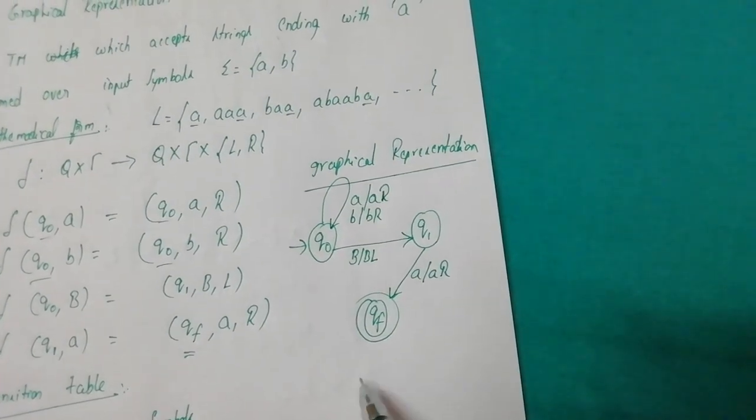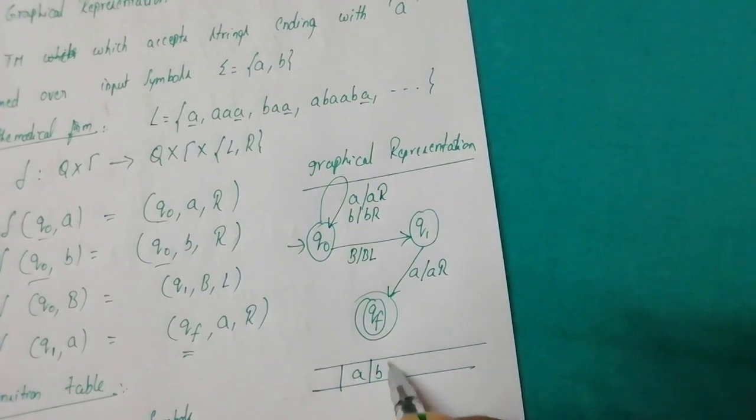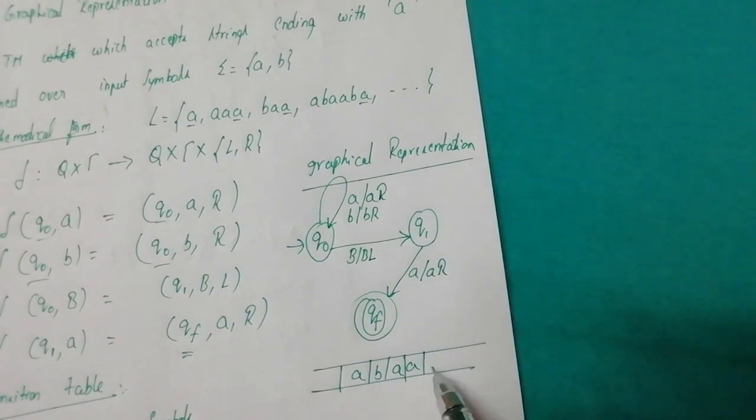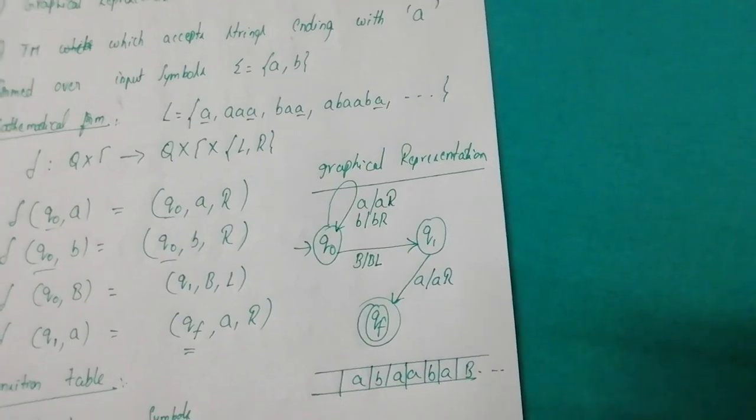Consider an example, sample string A, B, A, B, A, and finally blank symbols.